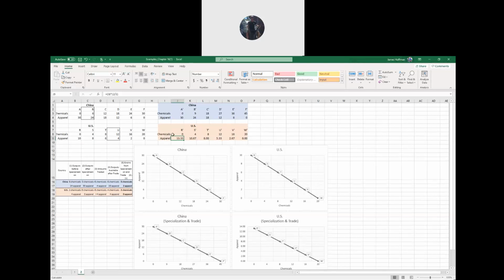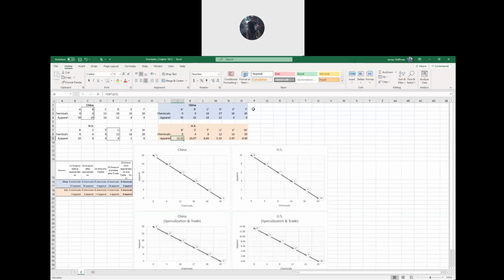So it didn't work out too nicely with the math, but basically for the US, any of these 20 chemicals they specialize in can be traded for up to 13 and a third apparel. Sorry the math didn't work out perfectly, but this one's 1 to 1.5, and the other way would be 1 to 2/3, because you got to flip it around. So if you trade all the 20 chemicals for apparel, you can get up to 2/3 of 20, which is 13 and a third.